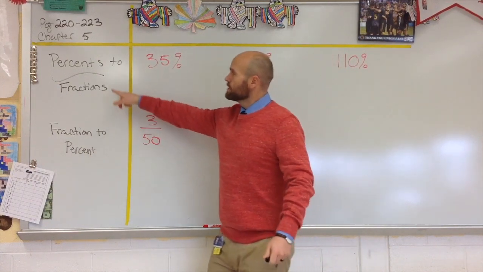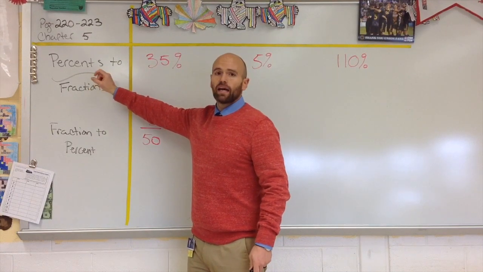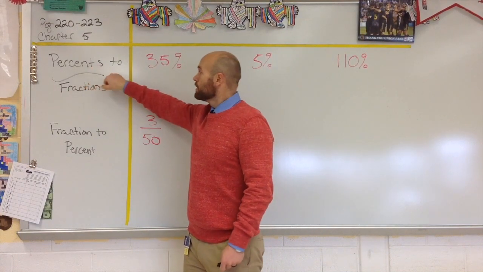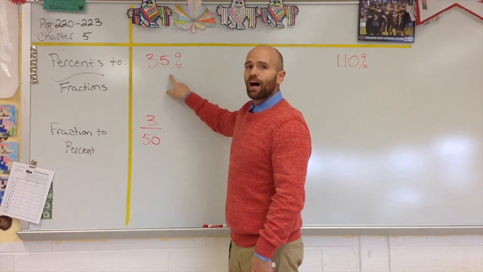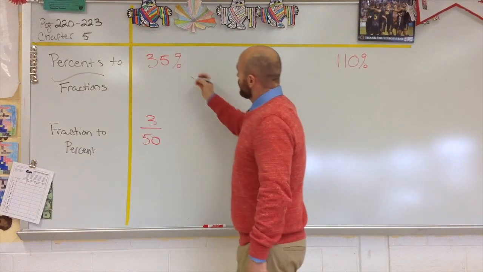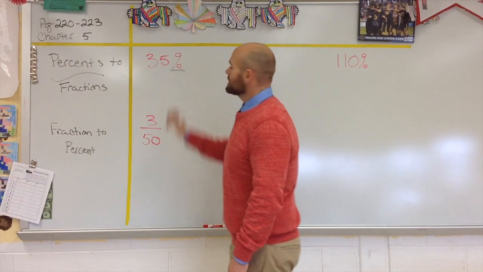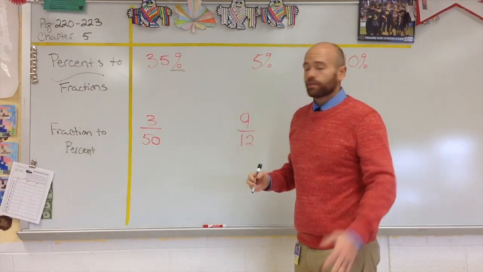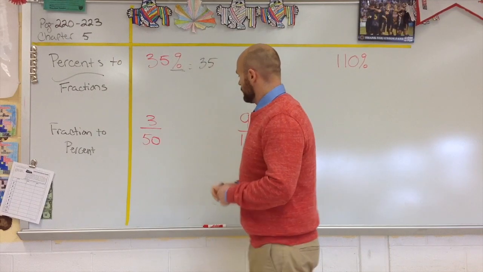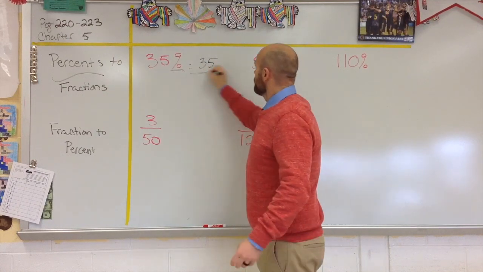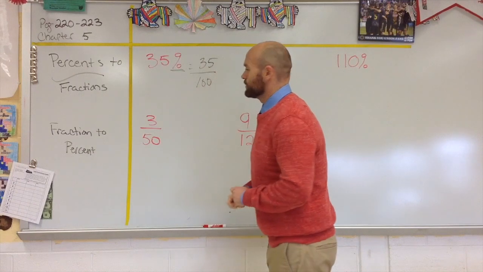Our first area is we're going to take a look at how to change a percent to a fraction. So here's my first example. I have 35%. This sign right here means put me over 100, essentially. So what we have is 35 is my part, and then my whole is out of 100.